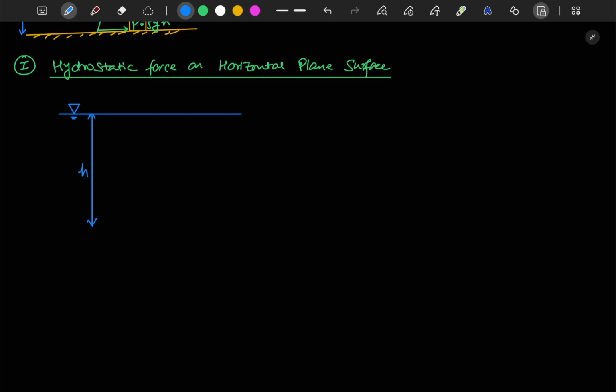At a depth h from the free surface, we are considering a flat plate. Let's say the plate is at this level, and let me draw the plate like this.